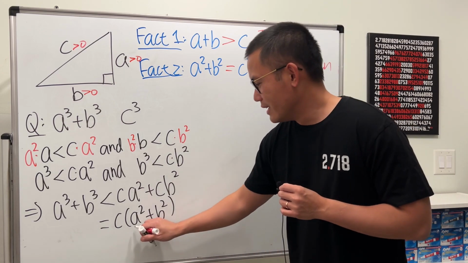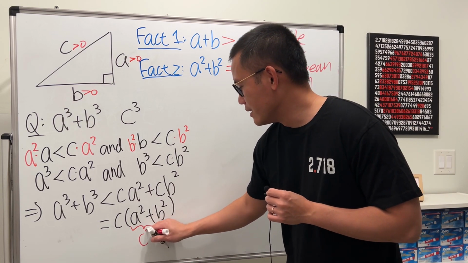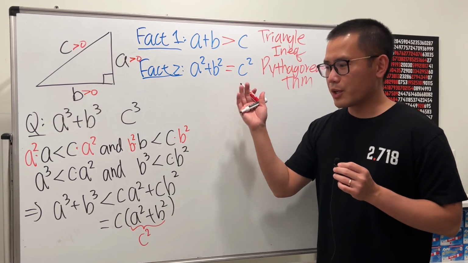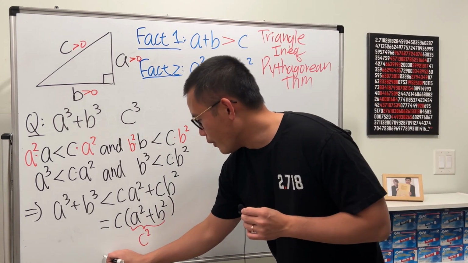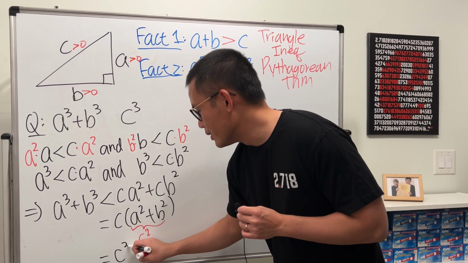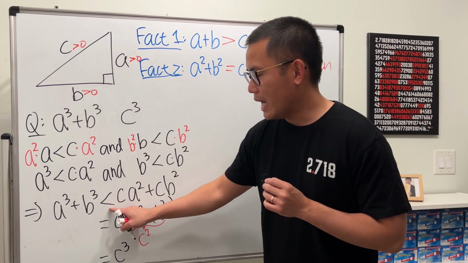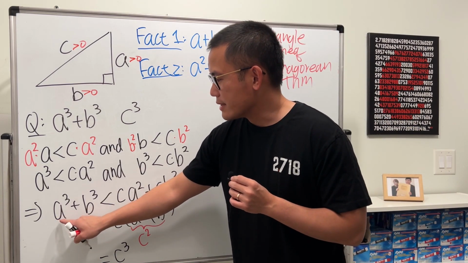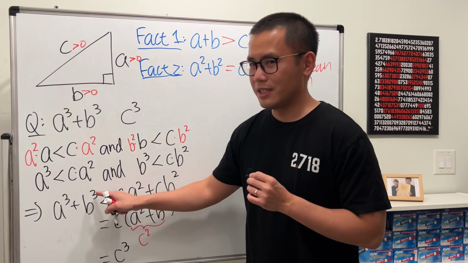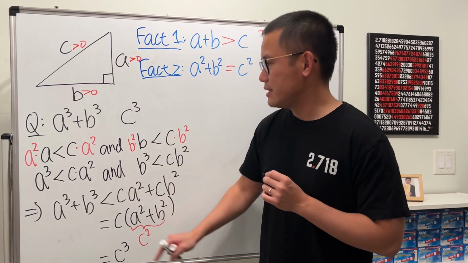And this right here is C squared because of the Pythagorean theorem. So all in all, the right hand side is equal to C to the third power. And remember, here we have a less than. So we are saying that A to the third power plus B to the third power is actually less than C to the third power.